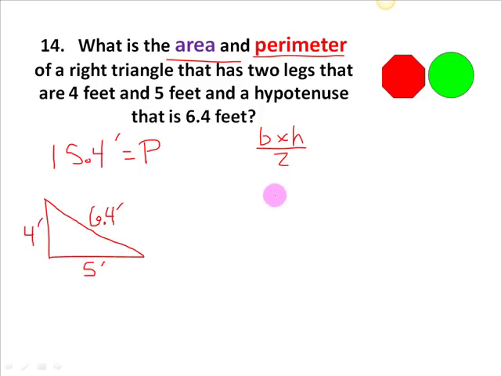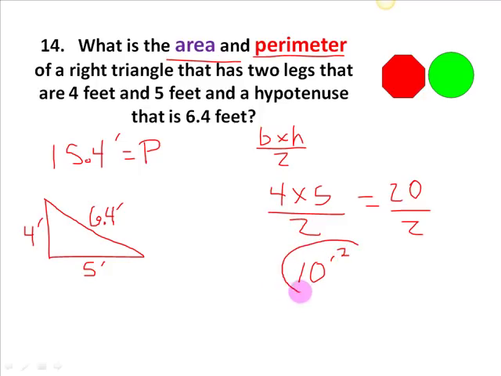So it's 4 times 5 divided by 2. 4 times 5 is 20, divided by 2. And how many times will 2 go into 20? They go exactly 10 times, and we're talking about 10 feet squared. So the correct answers are 10 feet squared and 15.4 feet for the perimeter.